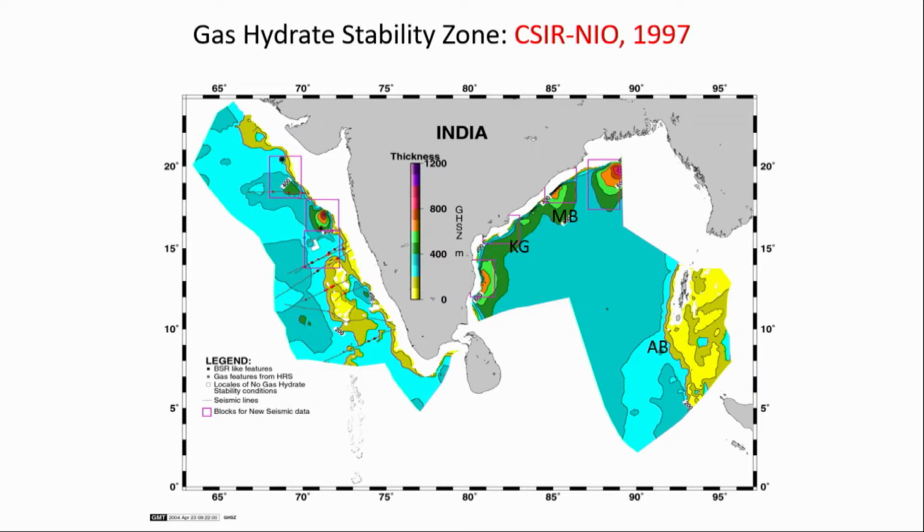Now, from the Indian point of view, we can see that a lot of methane hydrate has been found in the Krishna Godavari basin, in the Mahanadi basin, and there is some prospect in this particular region, and also in the Andaman basin. In these regions, the exploration work is still going on, and we have already found a lot of methane hydrate there.